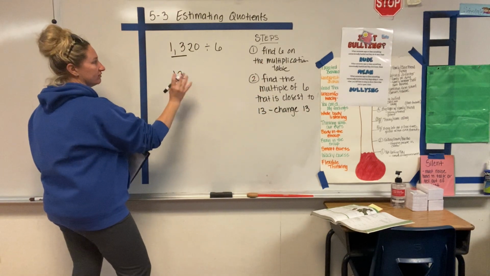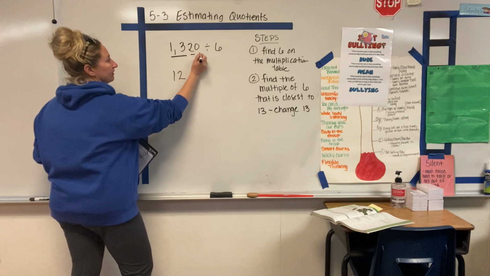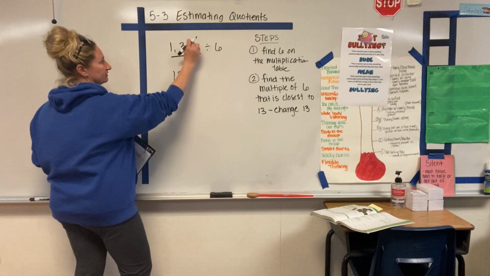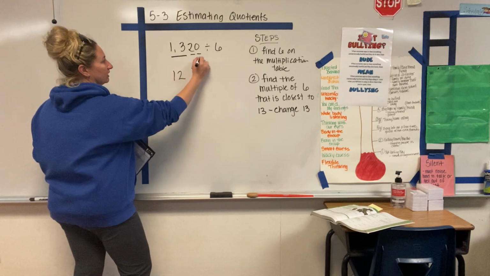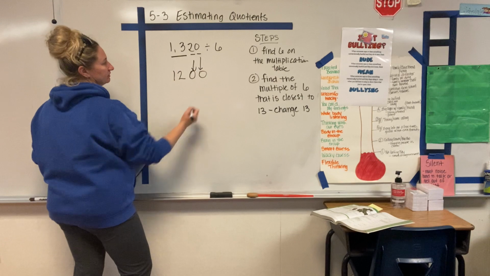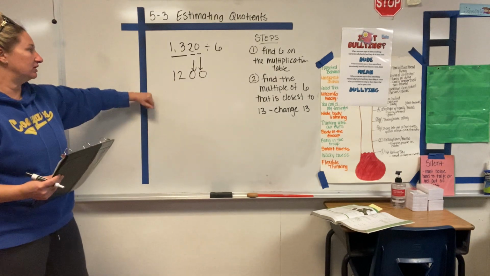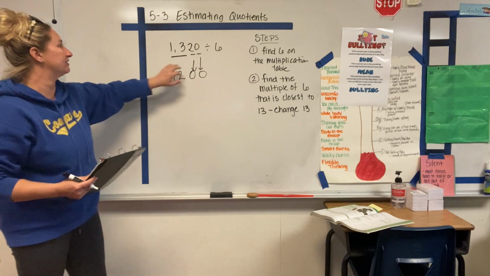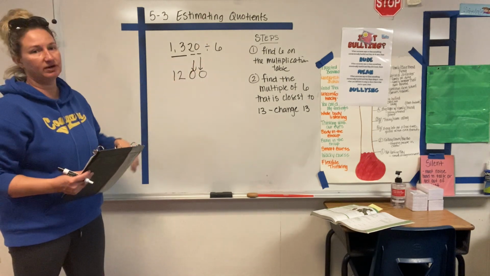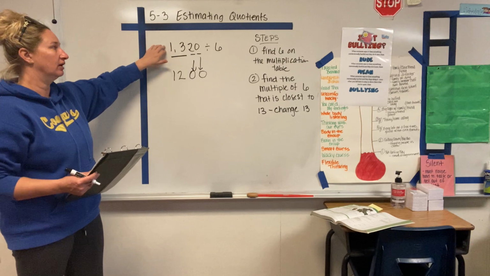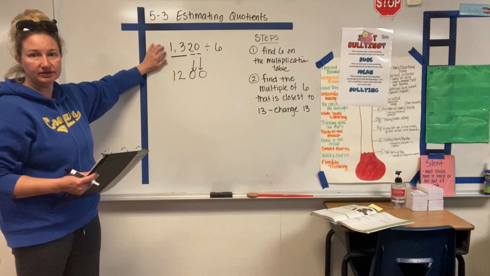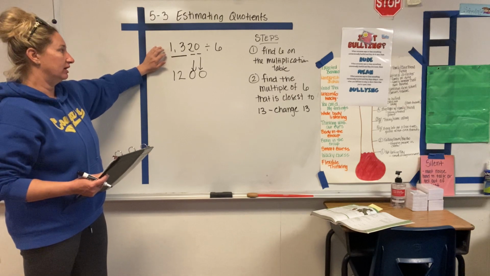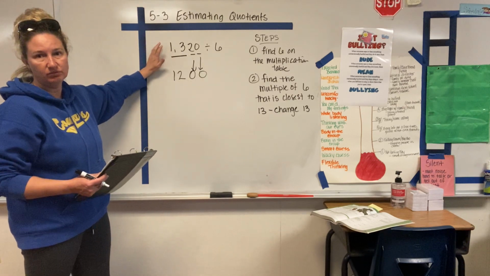And then whatever numbers are left after the 13 on my new number, I'm just writing 0. So there's 2 numbers left, so I'm going to write 2 zeros. So that is my new number that I'm using to estimate. That's my compatible number because I know that 6 will go into 12 evenly, and it's close to 1,320. So it'll give me a good idea of what my answer would be.